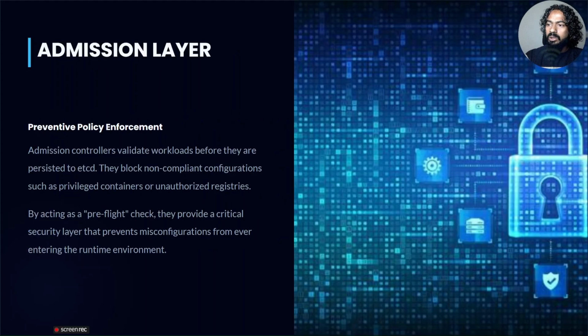Then comes your admission controls, which are one of the most powerful security features in Kubernetes and also one of the most ignored, unfortunately. This layer checks workloads before they ever run. It can block privileged containers, risky configurations, and even policy violations.